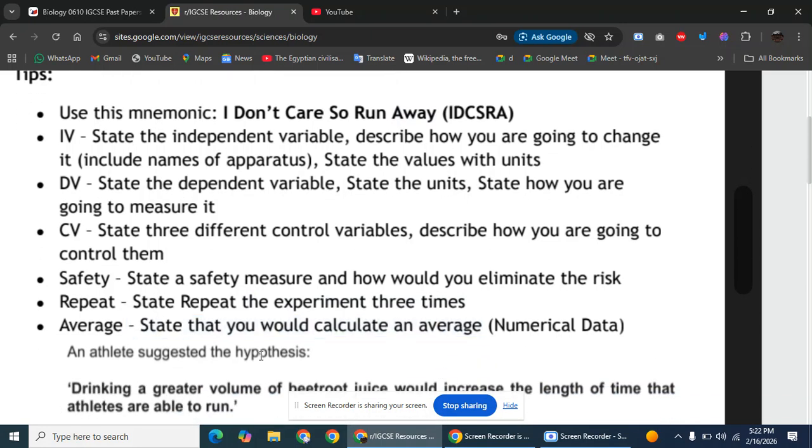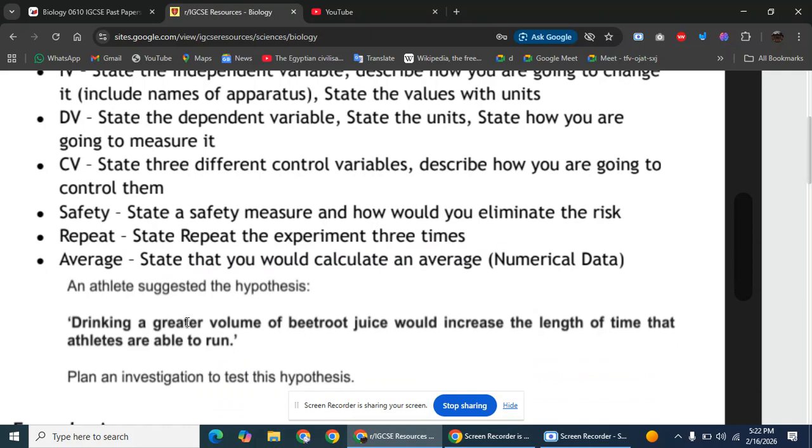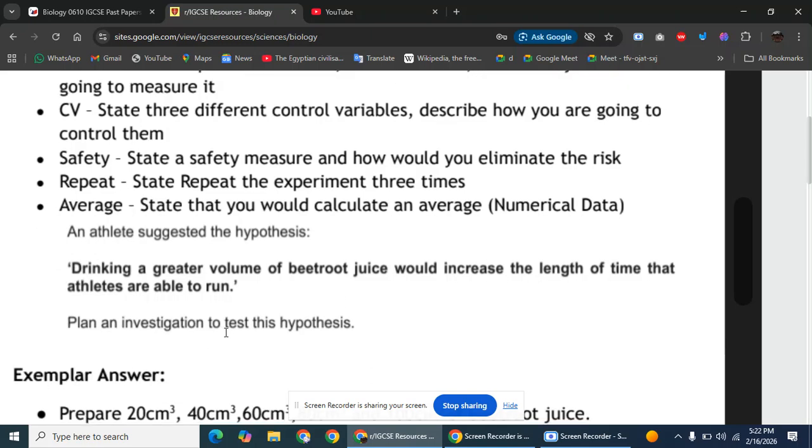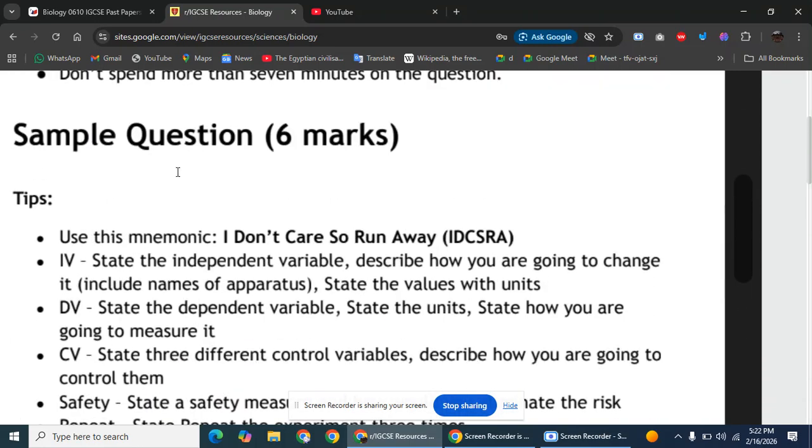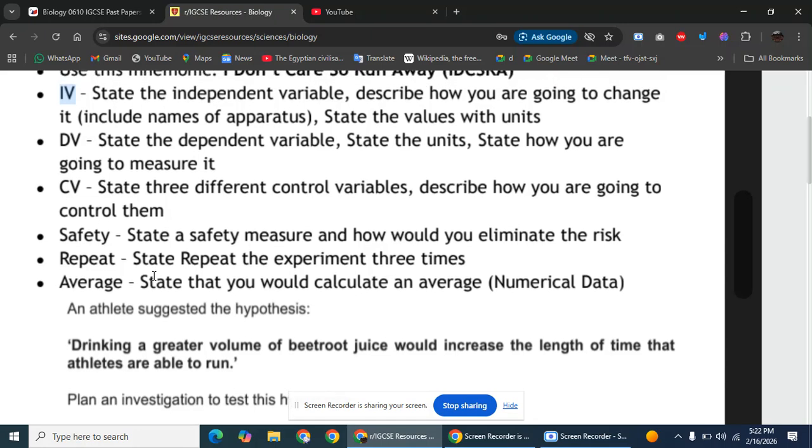An athlete suggested the hypothesis: drinking a greater volume of beetroot juice would increase the length of time the athletes are able to run. Plan an investigation to test that hypothesis. First you follow this pattern. You write IV, the independent variable: the volume of beetroot juice consumed.